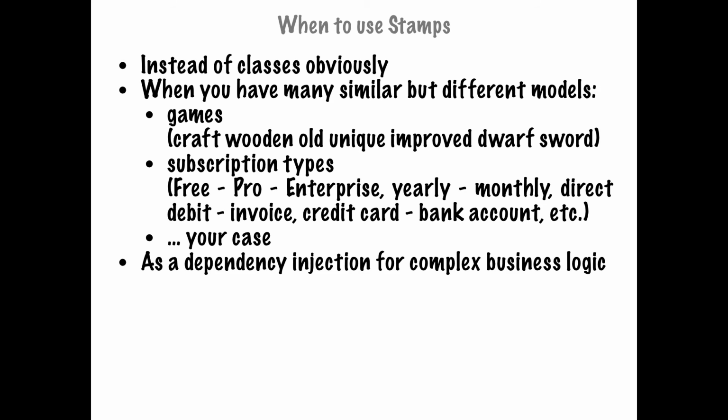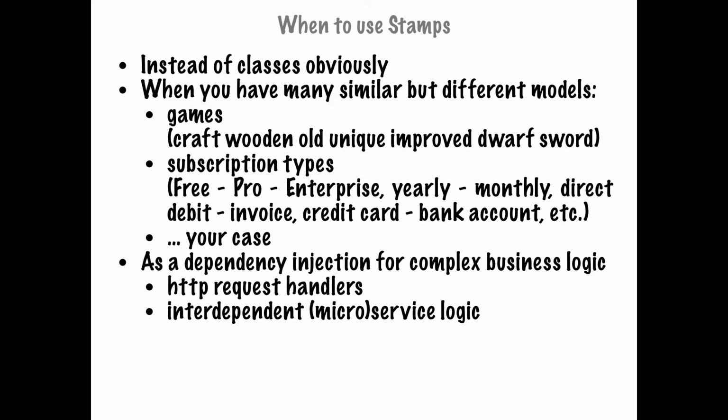It's easier with stamps, as you can see. So stamps are really great for dependency injection in complex logic. That just comes from my experience. I really love it for that feature. In HTTP request handlers, I usually abstract, we're developing a bunch of microservices, I typically abstract logging, HTTP, Kafka connection, and whatever other I/O we have with stamps.